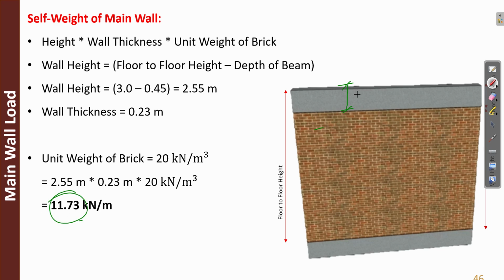The depth of beam is already considered in the self-weight calculation, so instead of deducting it, if we use the full height, you will end up providing higher load values, which is not at all required. So this is self-weight of main wall.